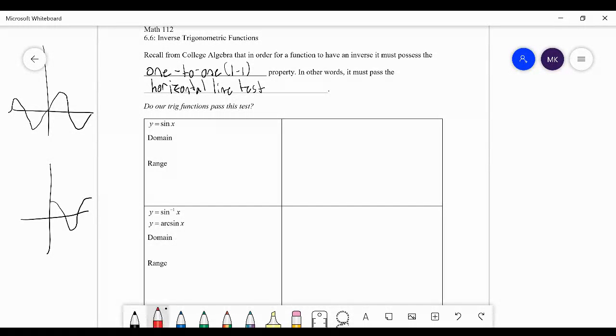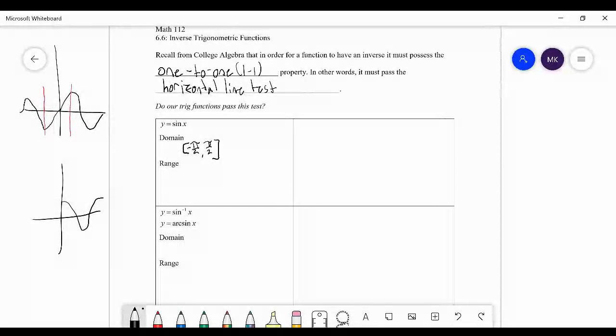If we look at our graph of the sine function, we can see that happens right from here to here, which is -pi/2 up to pi/2. Our range on that region is -1 to 1.